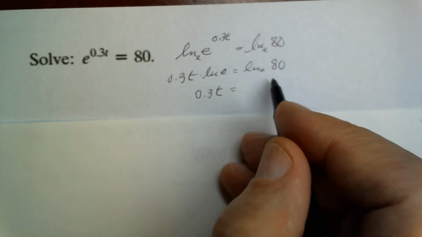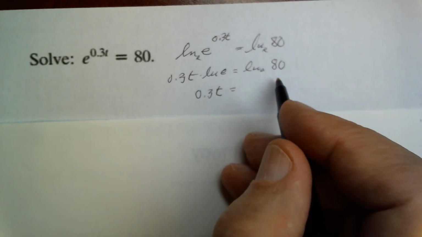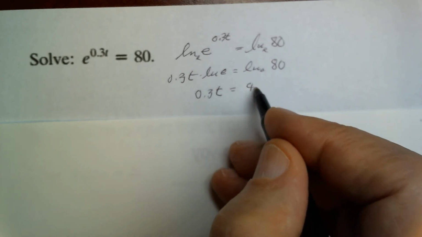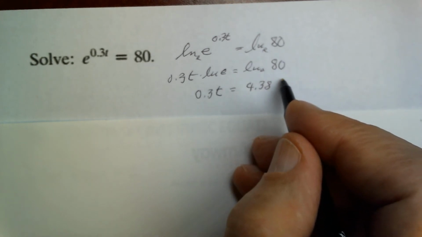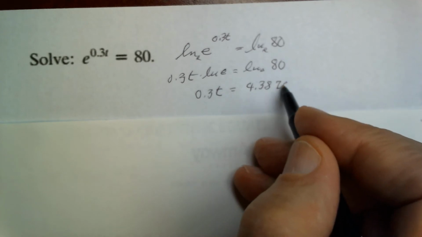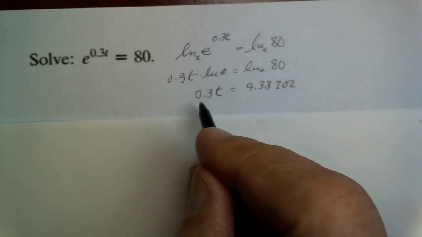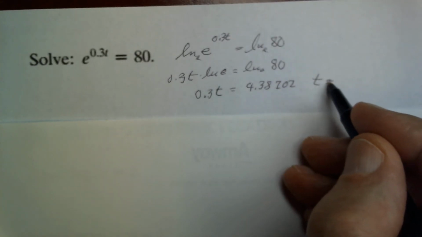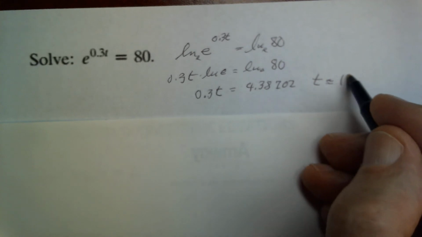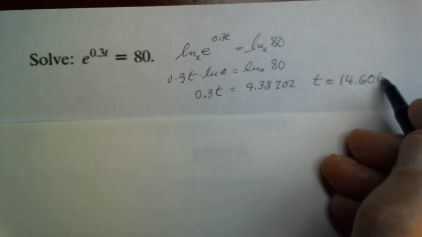equals the natural log of 80, and the natural log of 80 is approximately equal to 4.38. I'm going to round it to 2 decimal places. So then when we divide by 0.3 on both sides to isolate t, then t is approximately equal to 14.6068.